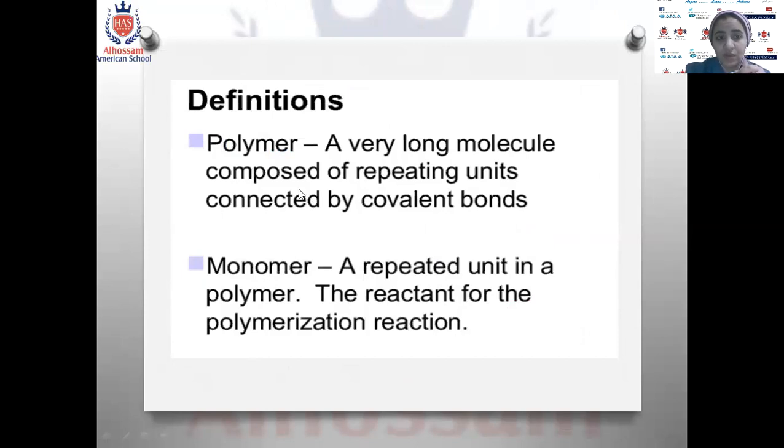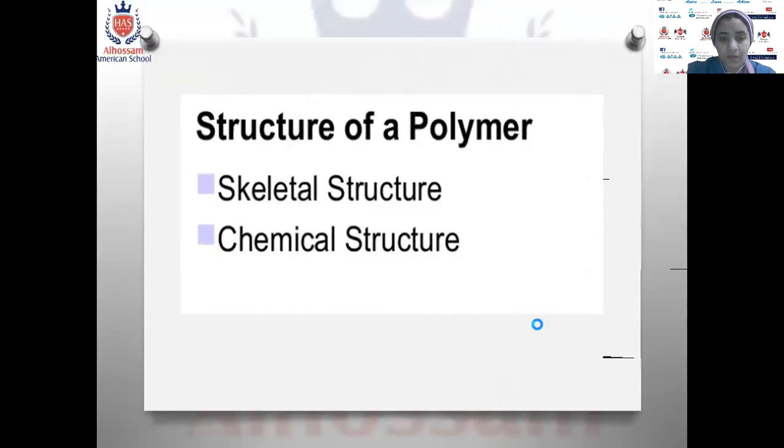Again, a polymer is a very long molecule composed of repeating units, the same unit repeated. The repeated unit is called a monomer. The monomers, the repeated unit in the polymer, react in the polymerization reaction. Let's see another example, the previous example.